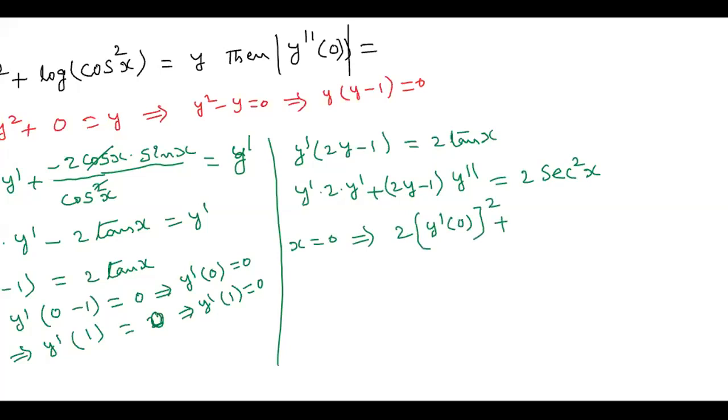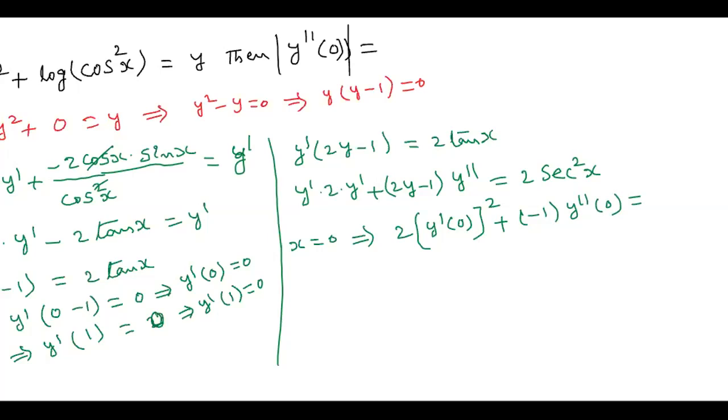Plus, x is equal to 0 means then take y also 0 or 1, anyone, no problem. If y is 0 we are taken, here we get minus 1, and y double dash of 0, that is equal to 2 into secant square 0.